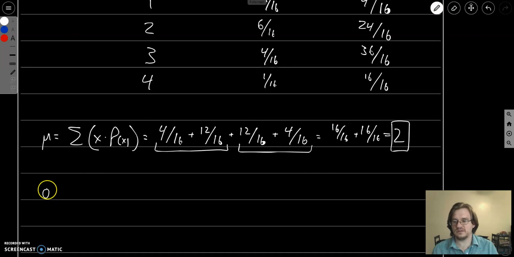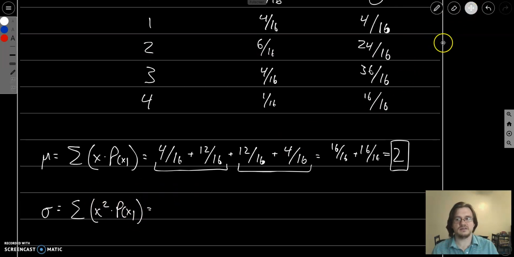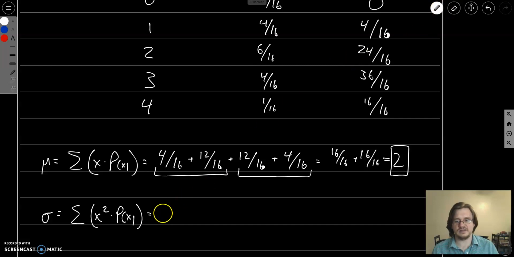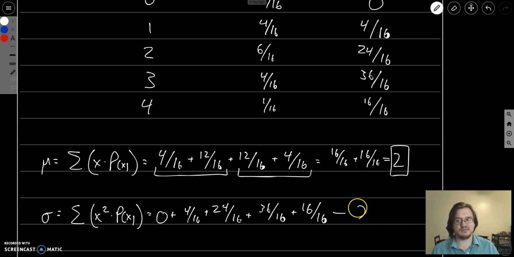So we're going to add each one of these up. We will have 0 plus 4/16 plus 24/16 plus 36/16 plus 16/16, and then we're going to subtract the mean squared.